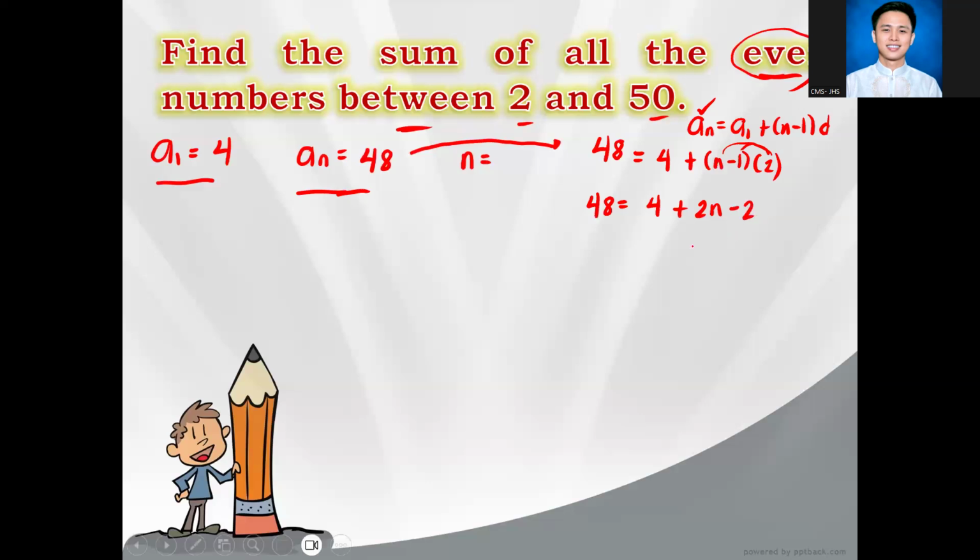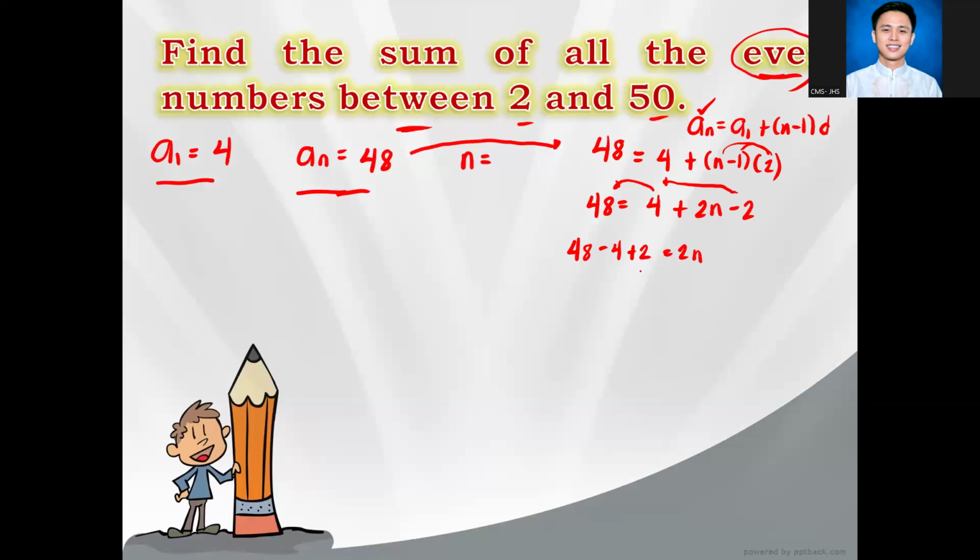Or you can put all the constant terms to the left side of the equation. So we'll have 48 and then 4, transpose natin. So transposing 4 to the left side of the equation will make it negative 4. And transposing negative 2 to the left side of the equation will make it positive 2.